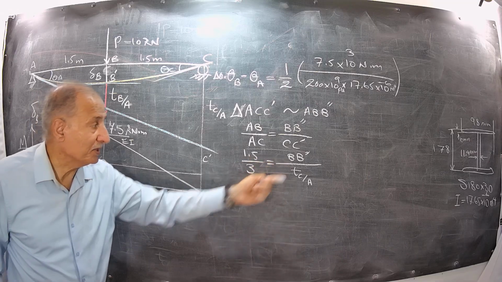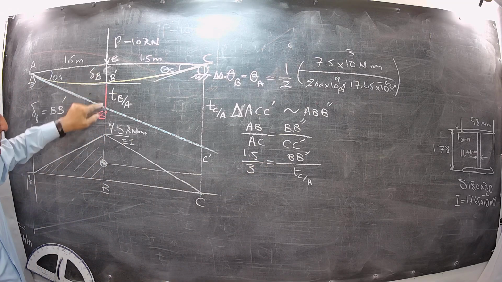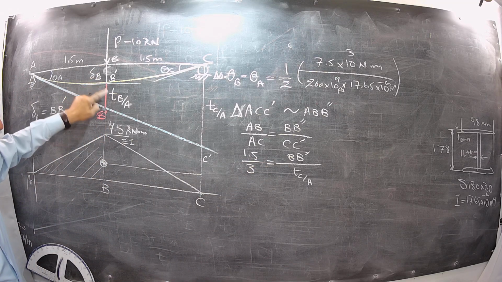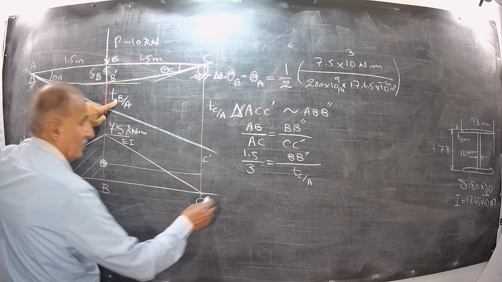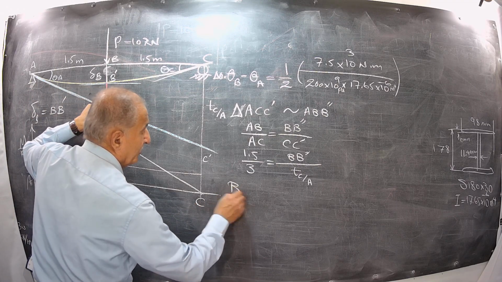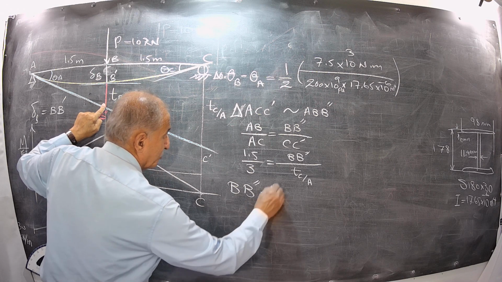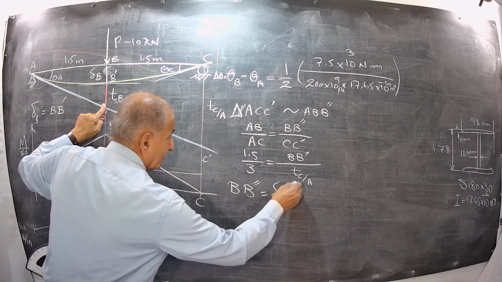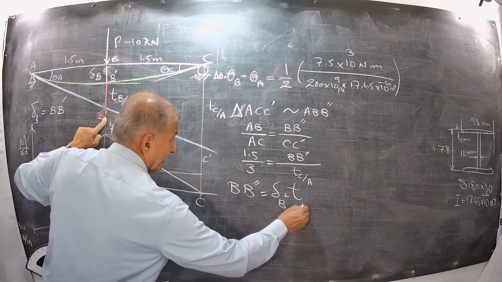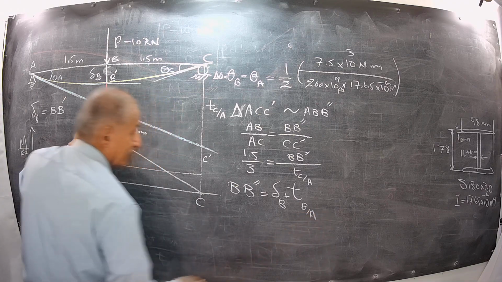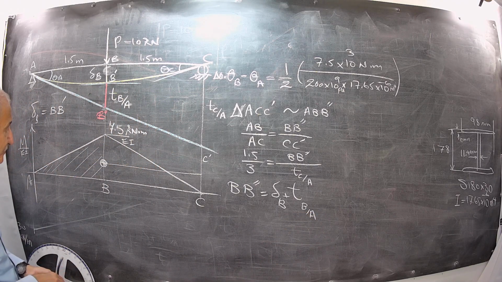What about B''? This one is equal to delta B plus the deviation. Okay, BB'' from geometry is equal to deflection plus deviation TBA. What is TBA?